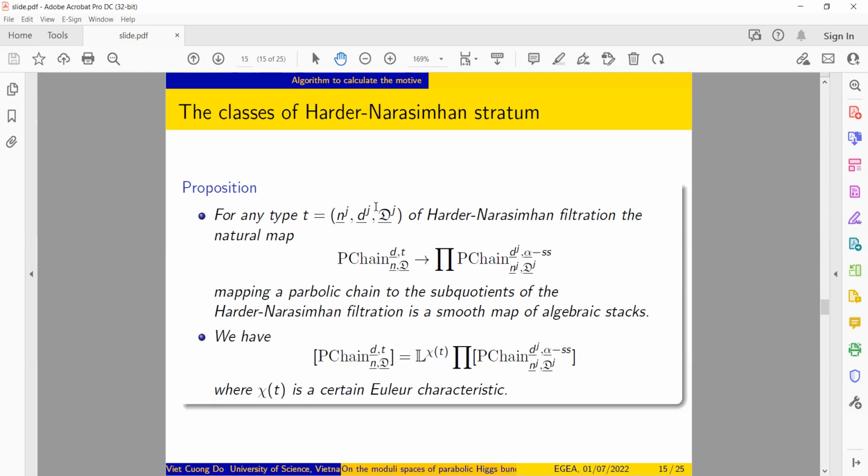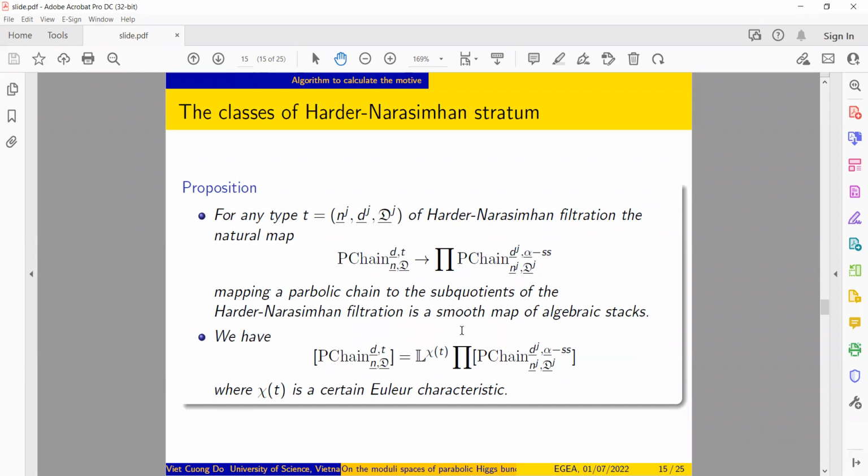We take a natural map from the moduli stack of Porrick chains, bundles with type T, to the product of moduli stacks of the subquotients of the Harder-Narasimhan filtration.